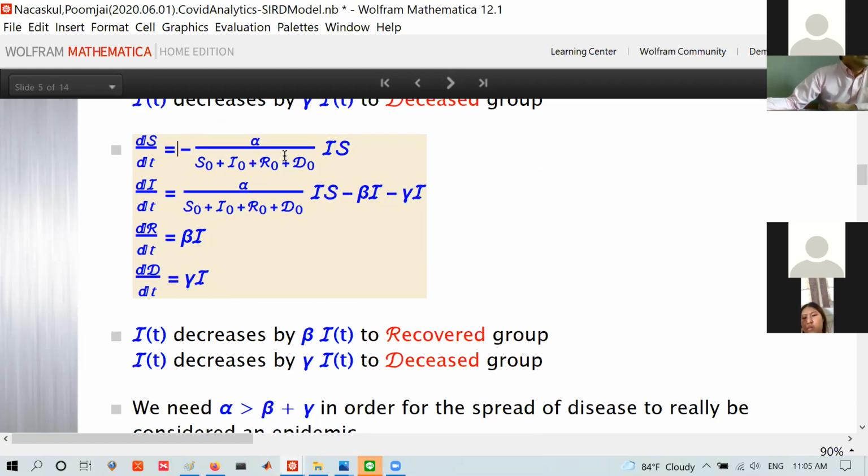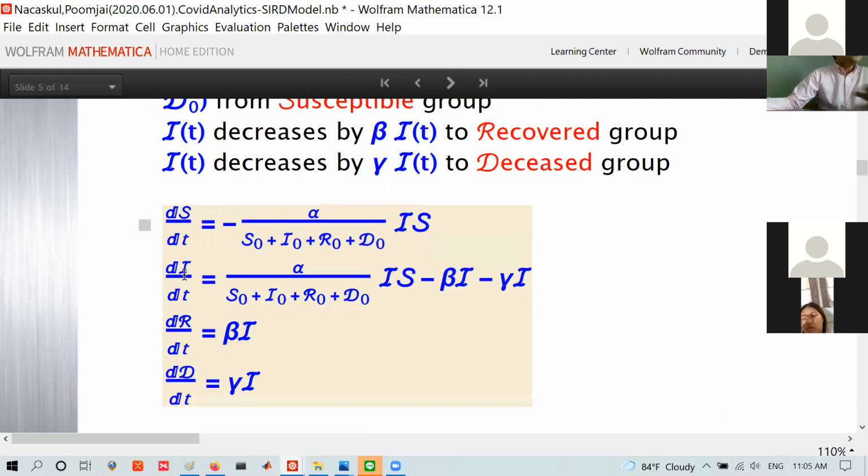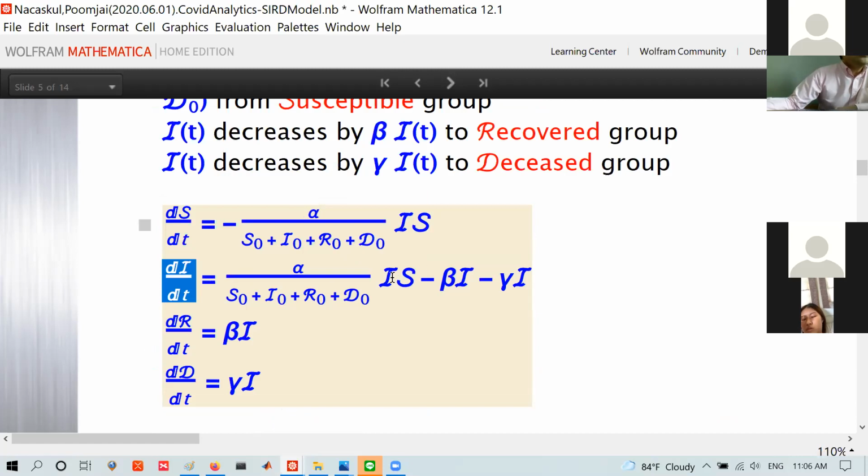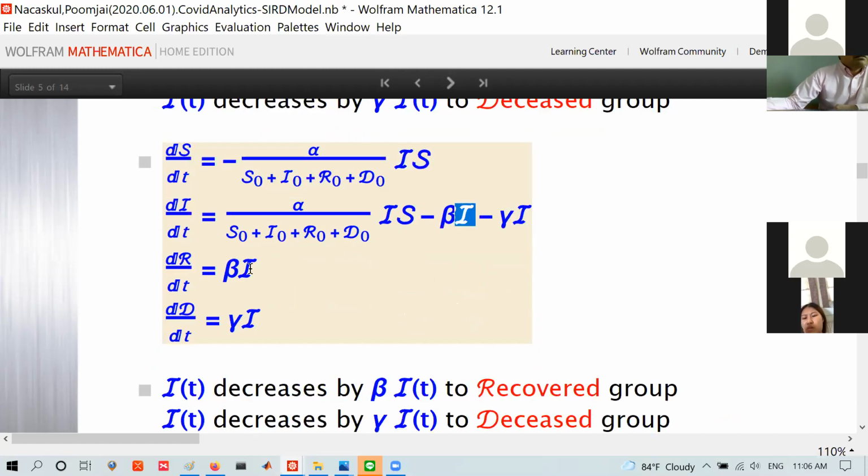Oh, sorry. I was talking about infection, so I should talk about this line. The increase in infection per day is proportional to the current number of people who can infect you, but also it is negatively related to this term.